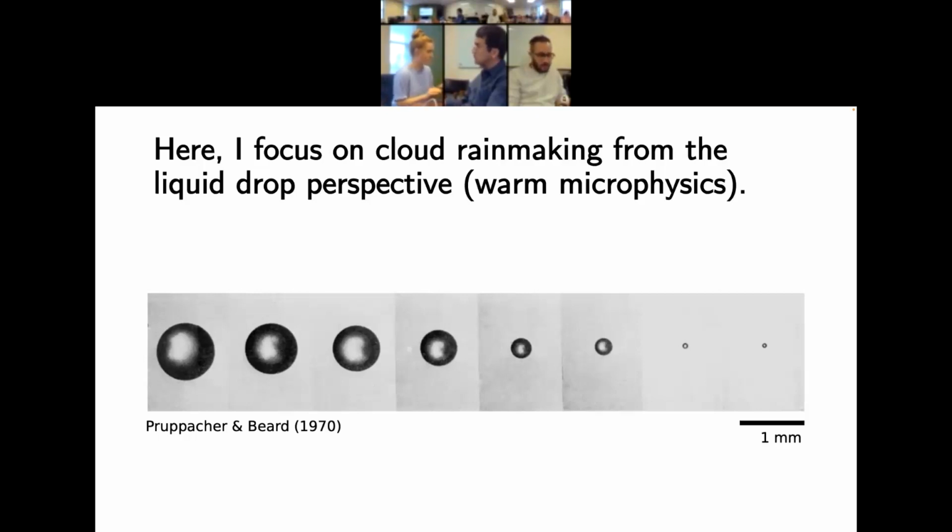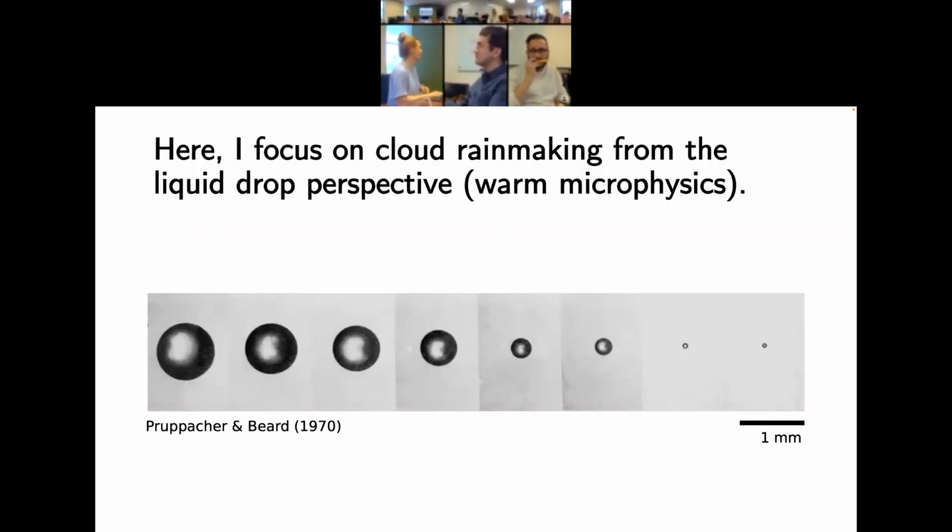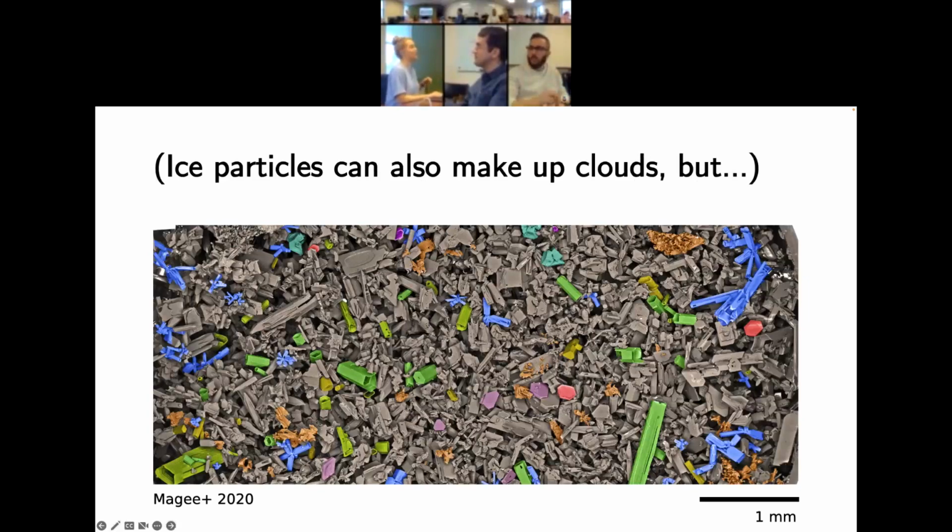And in this talk, I'll basically only be focusing on liquid drops. Of course, we also can have ice particles making up clouds as well, but this is just a picture of a bunch of frozen, collected in situ ice particles. And maybe if we compare them to the cloud drops, you can see maybe this is a second problem to think about after we think about the liquid.